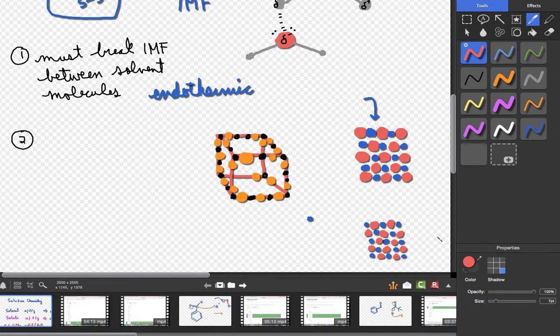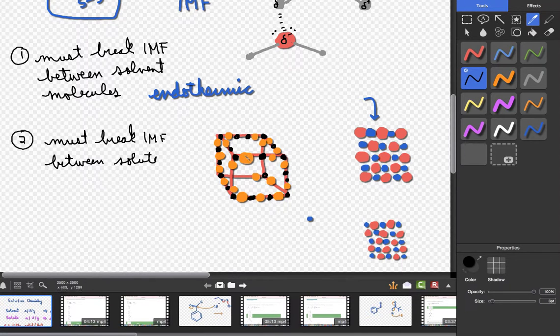And before we can dissolve a solid into a liquid, we have to also break these ionic bonds between each Na plus and each Cl minus. So the second step, we must break the IMF between solute.